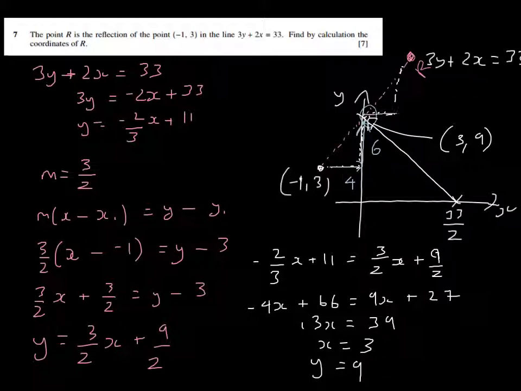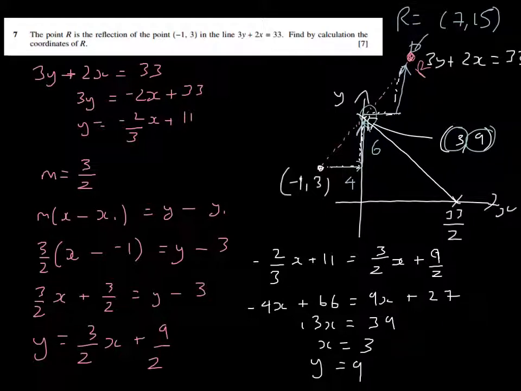So if we apply the same translation vector, we go across by 4 from 3, which takes us to 7. And then if we go up another 6 from 9, we're going to get to 15. So that's our point R. That point R there is the point (7, 15).